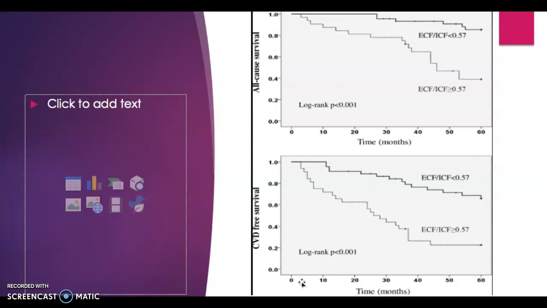The hazard ratios were 1.12 and 1.09 for a 0.1 increase in the ECF/ICF ratio. The degree of malnutrition, albumin, inflammation, CRP, arteriosclerosis, PWV, and fluid overload, BNP, were correlated well with the ECF/ICF ratio.